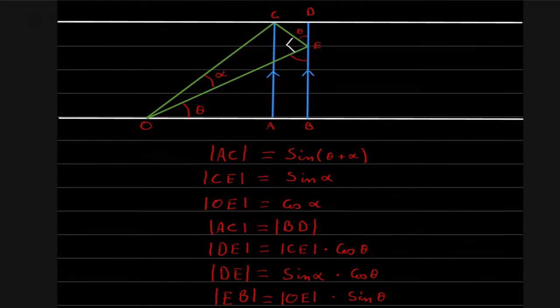Now we know, because these two white lines are parallel, that DB should be equal to CA.